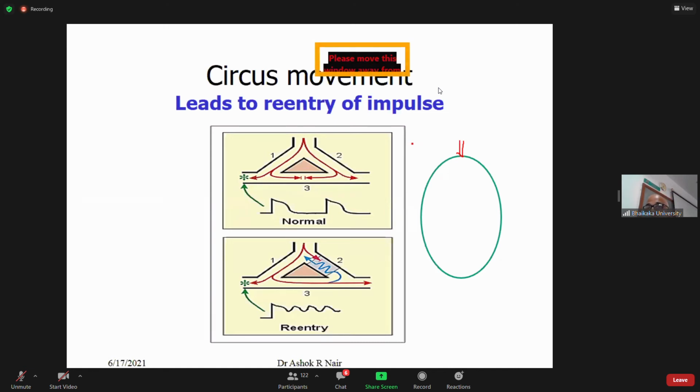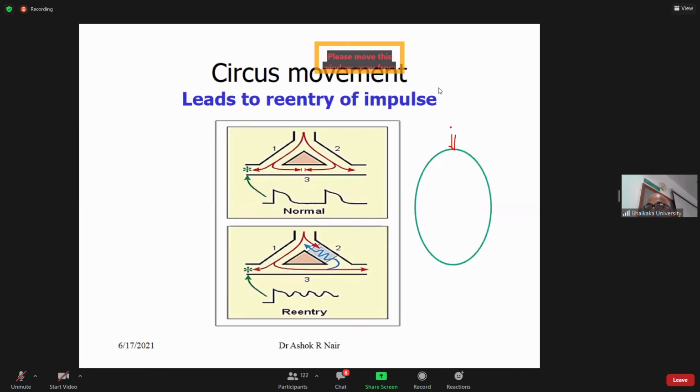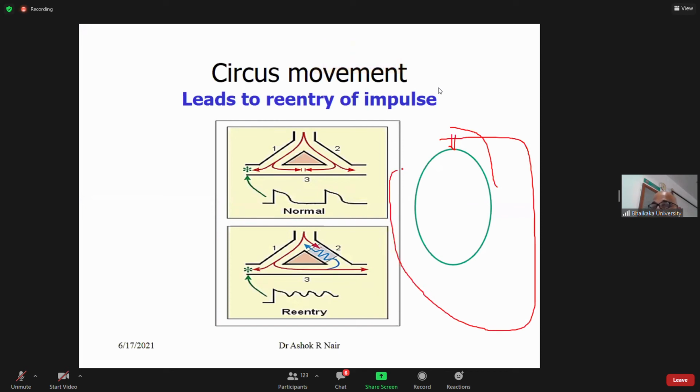One, the length has increased. By the time the impulse reaches this point, it must have repolarized and be available for re-entry.